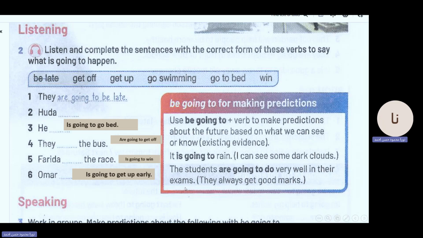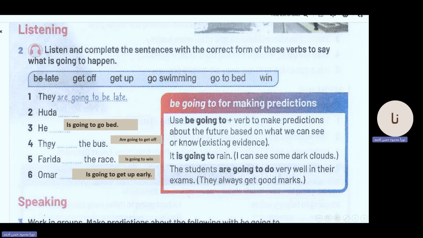Another one is, the students are going to do very well in their exams. Why do I predict so? Because these students always get good marks. This is evidence.